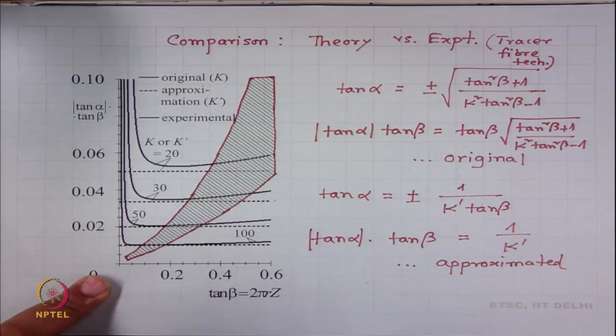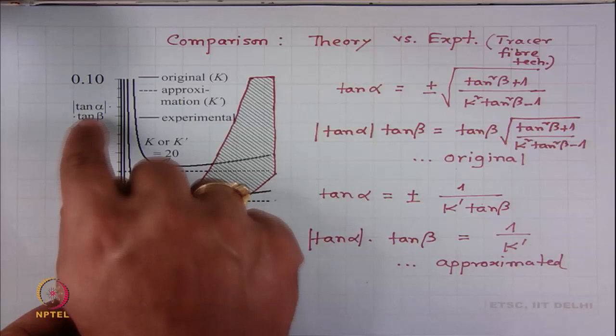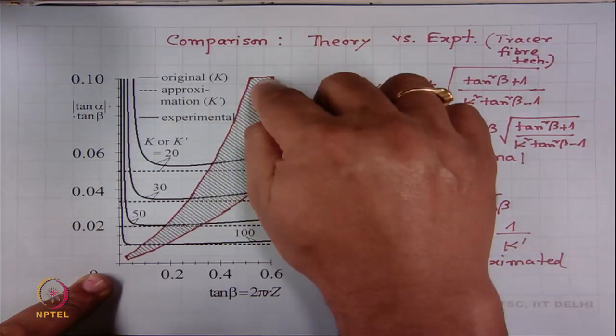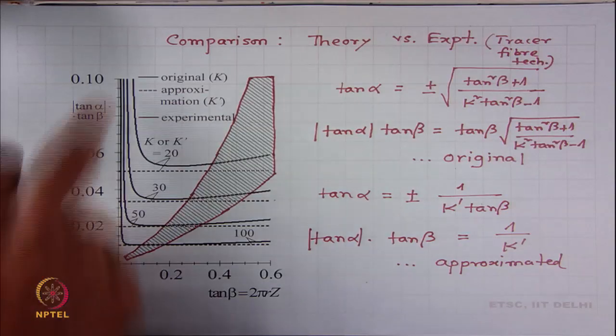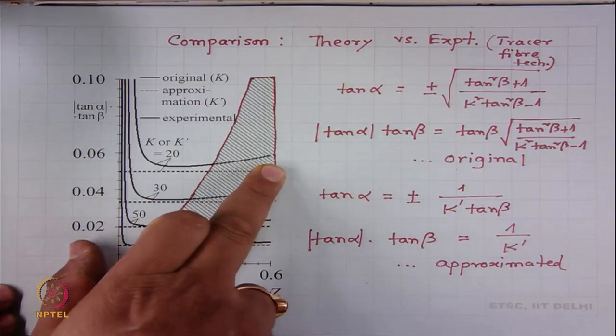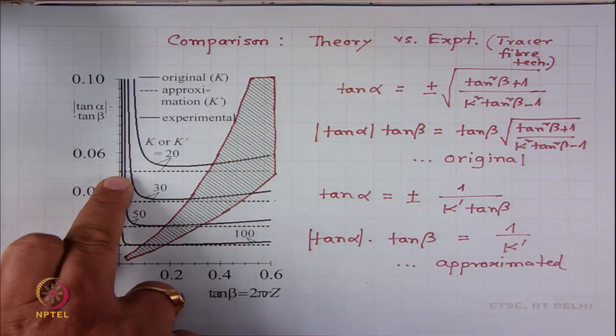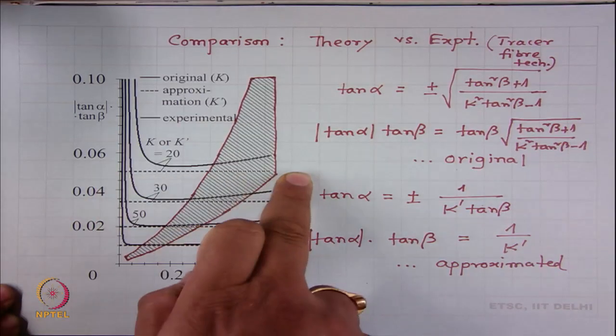As far as the experimental results are concerned, when tangent of beta is increasing, this function is increasing. However, in the theoretical results, the original one is decreasing then increasing, and the approximated is constant.